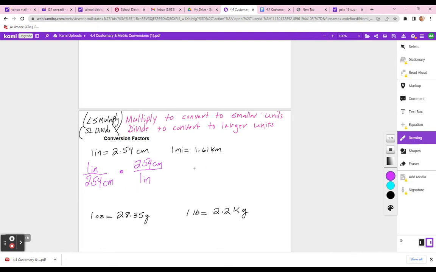All right, let's look at the next one. We're going to go ahead and write the two conversion factors that go with this fact. So 1 mile is 1.61 kilometers, or we can write it like this, 1.61 kilometers is the same as 1 mile.